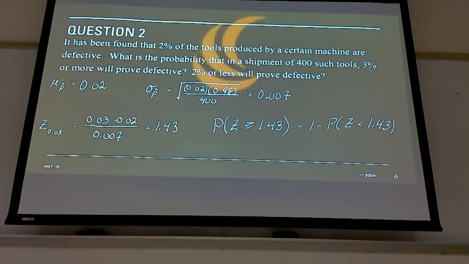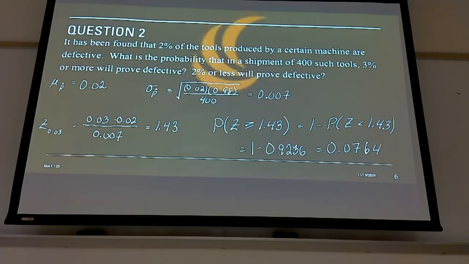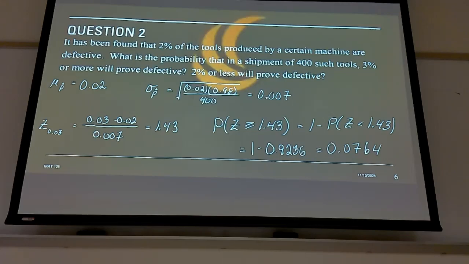So it's 1 minus the area to the left of 1.43. 0.9236. That area is 0.0764. And there's a second part to this problem. The process is the same though.